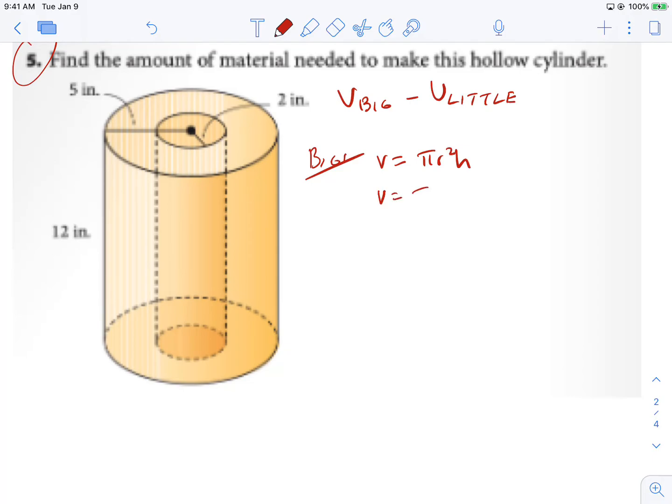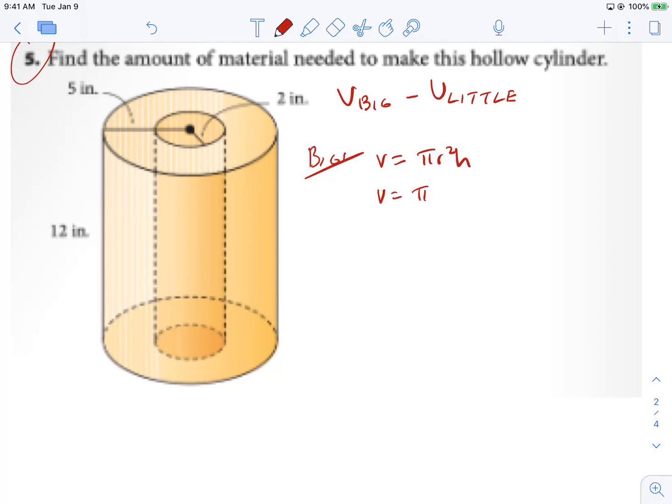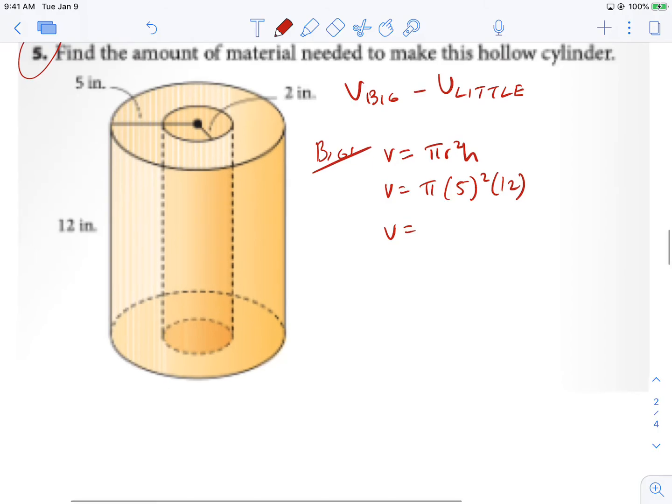Our radius of the big one is 5 squared times h, which is 12. So we got 5 squared times 12 times pi, and that's about 942.